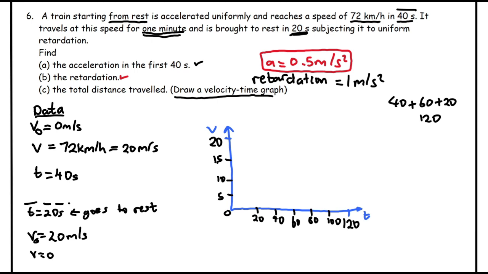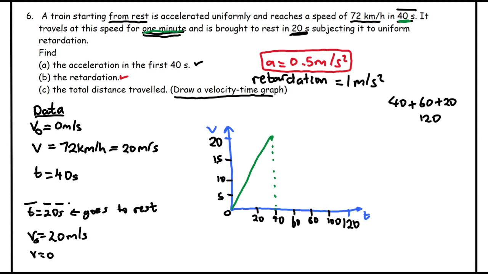Now let's begin plotting this. We are told that in the first 40 seconds, it goes from 0 to 20. So we come to 40 seconds, then we go all the way up to 20. The next part is traveling at this velocity for 1 minute, so 60 seconds.